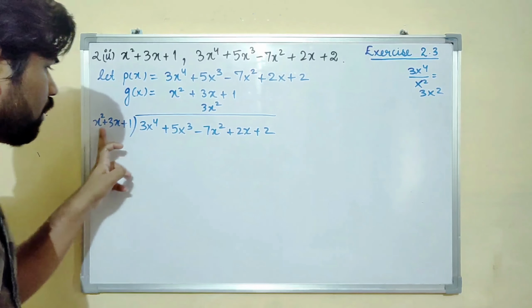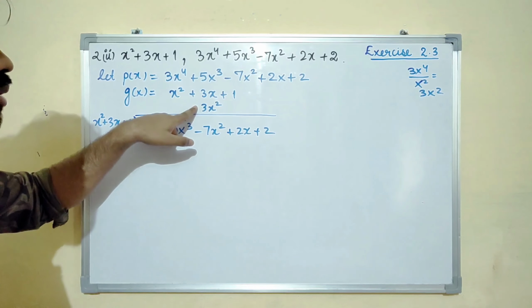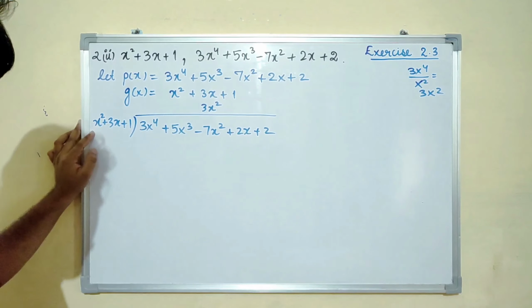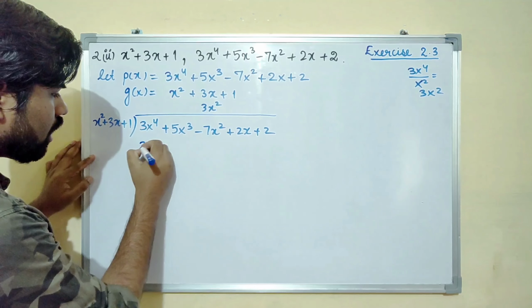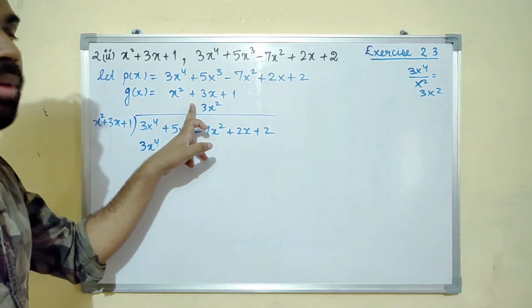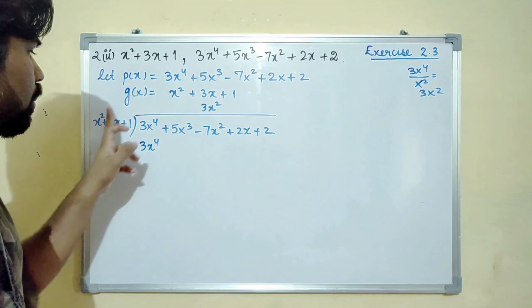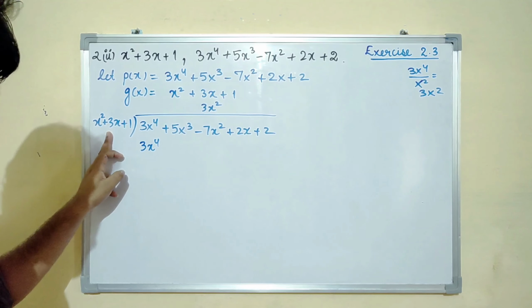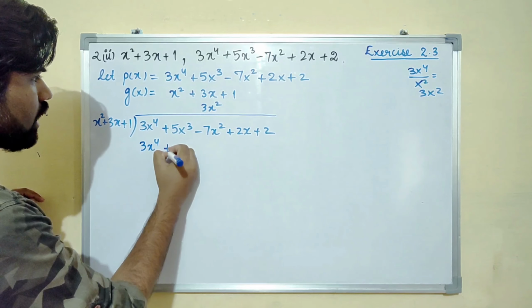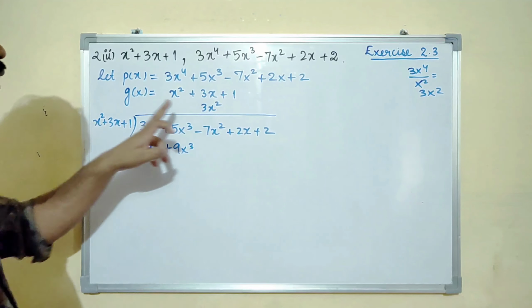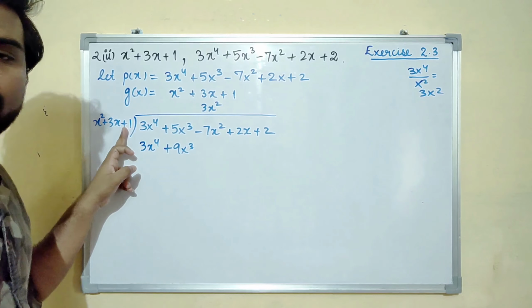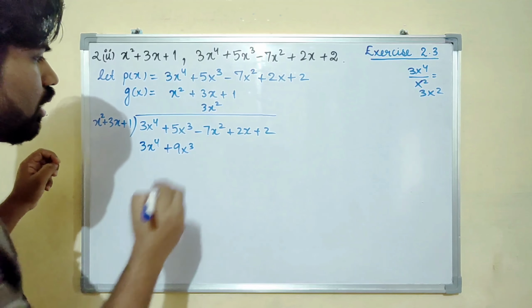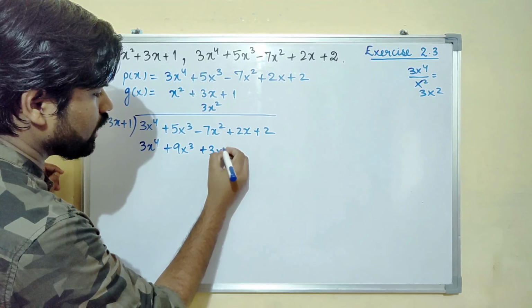Multiply 3x square by the divisor. Okay, when you multiply 3x square by x square, you will get 3x to the power 4. When you multiply 3x square by 3x, you will get 9x cube, right? Plus 9x cube. And when you multiply 3x square by 1, you will get 3x square.